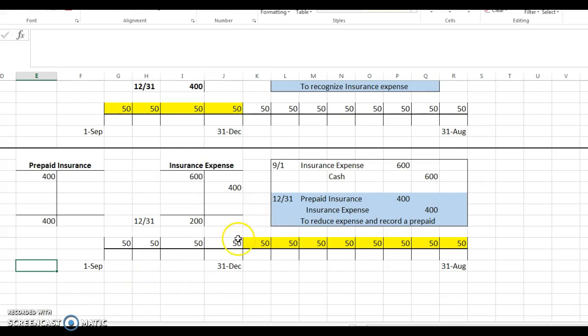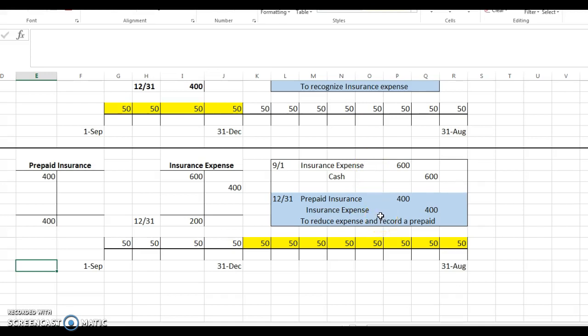So what if the entry was never made? Well, if you didn't debit prepaids and increase your assets, they would be understated. Additionally, if we did not credit our insurance expense and lower it, our insurance expense would still be stated at $600.